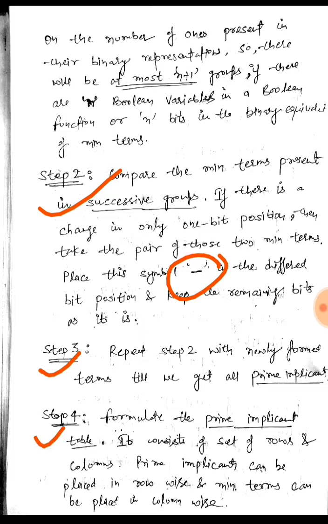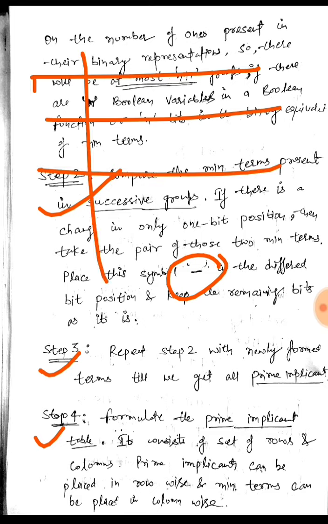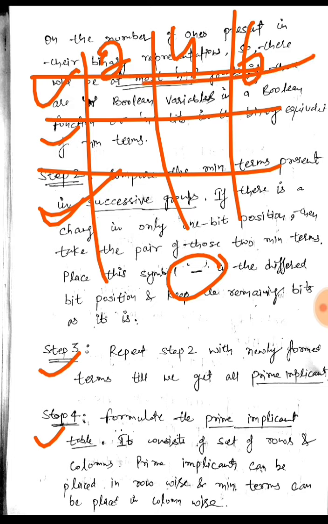In step 4, formulate the prime implicant table. It consists of sets of rows and columns. Prime implicants will be placed in rows, and minterms will be placed in columns. So our minterms, that is 2, 4, 6 or whatever they are, will come here, and here I will get the prime implicants.